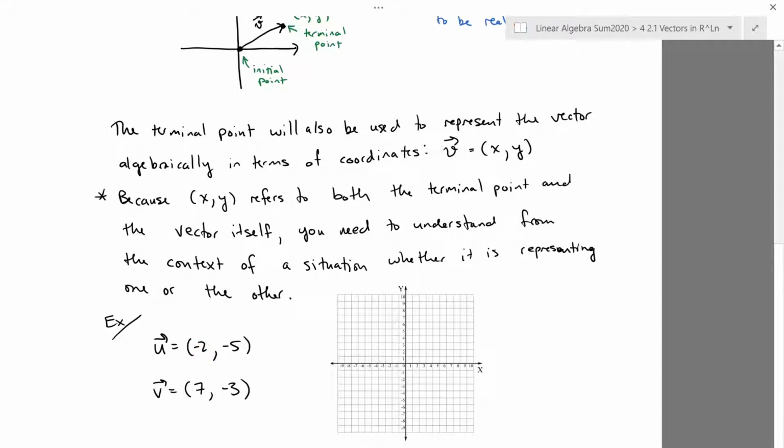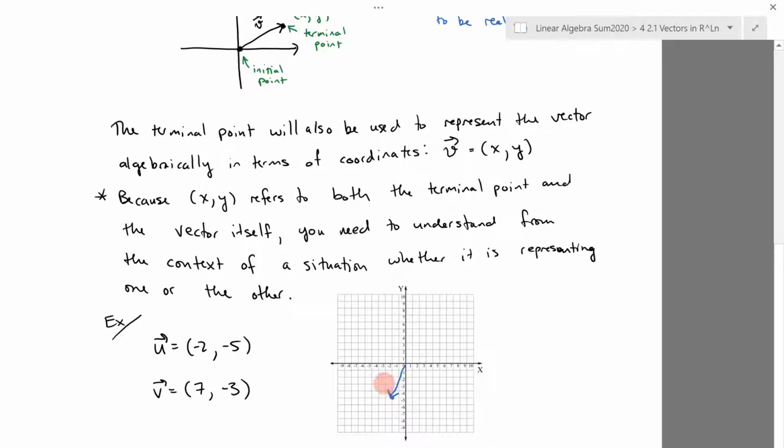First, the vector -2, -5 means the terminal point is at those coordinates, so -2 is the x and -5 is the y. That's the terminal point, and the vector itself is an arrow from the origin to the terminal point.